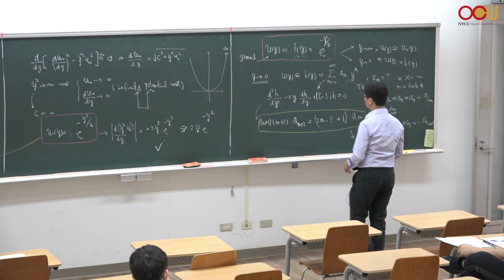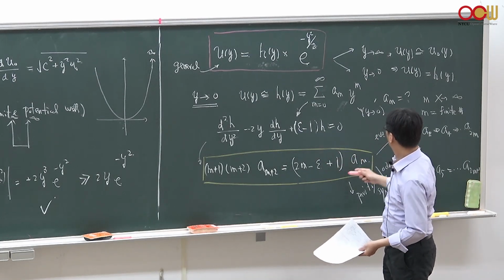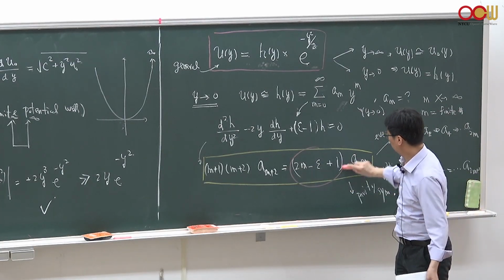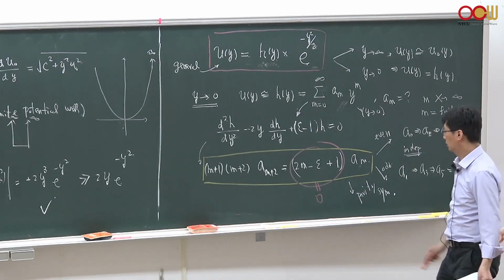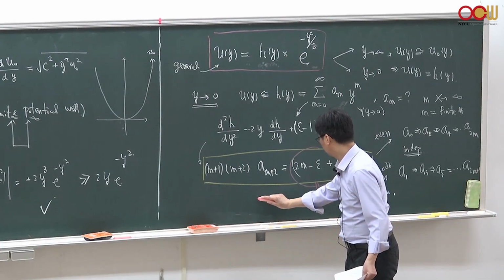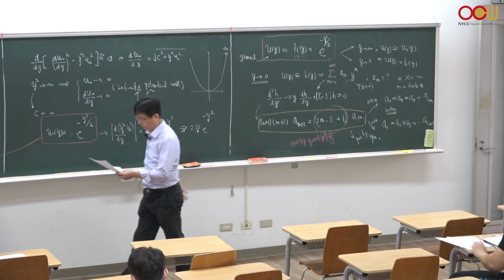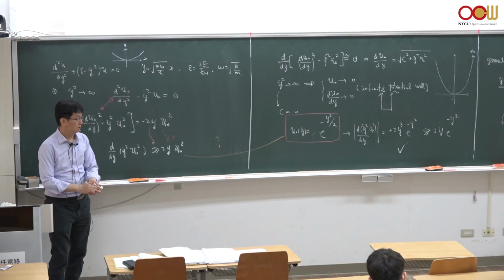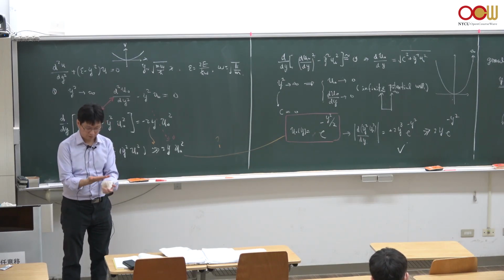This tells us that at some point when this polynomial ends, the coefficient must be 0, and this is precisely the condition to quantize the eigenenergy of a harmonic oscillator. We will come back to this point later, but we don't have much time left today, so perhaps we could just stop here right now.